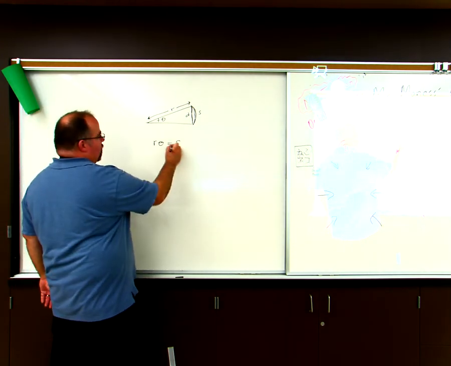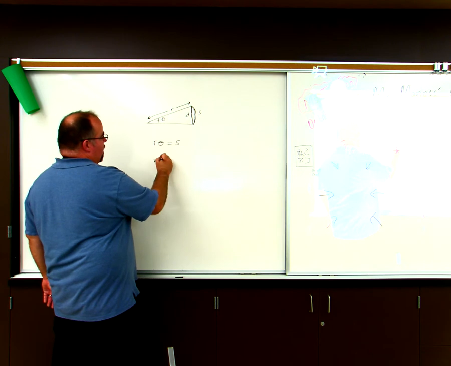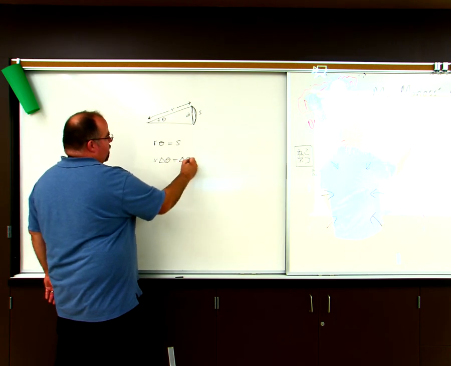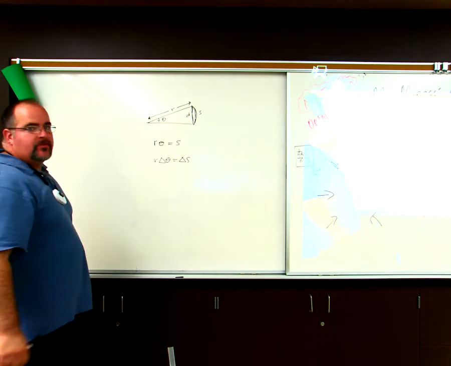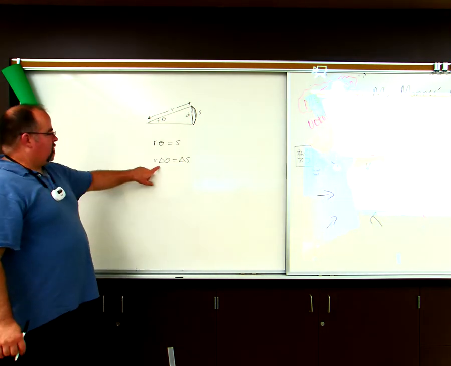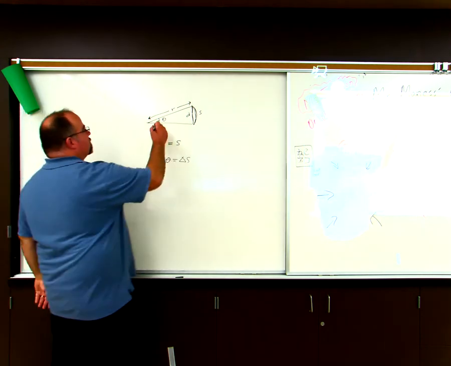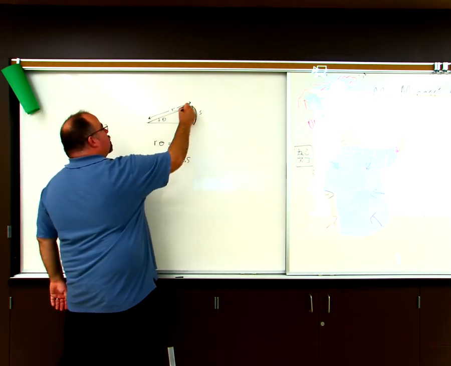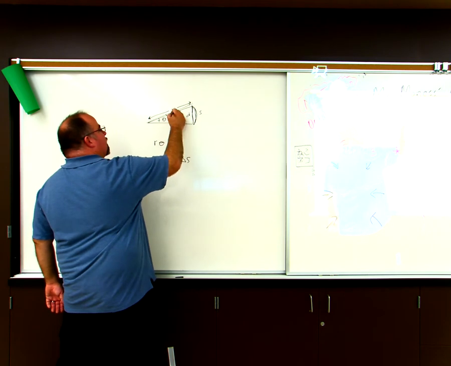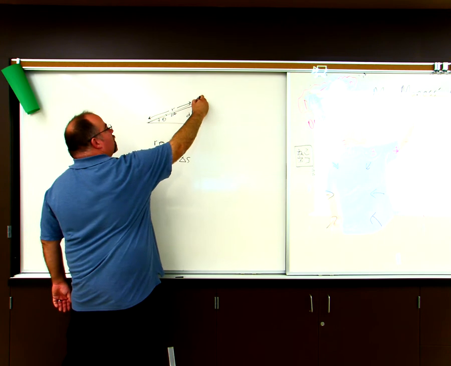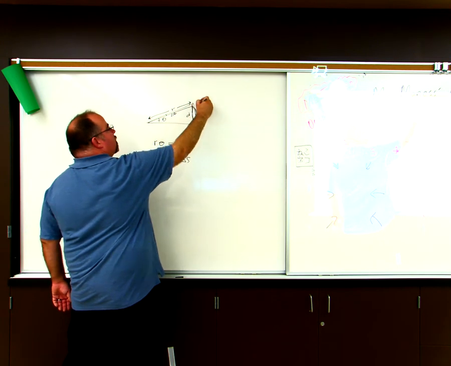Now if you understand this, at the same radius, if you have a change in the angle, you see that this is going to be true? If I make some small change in the angle, that little change in angle will be delta theta, and this is going to equal delta S up here.